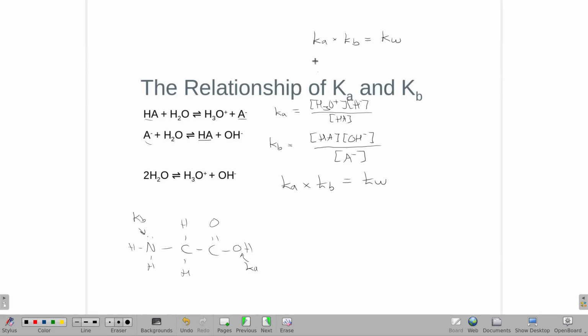So up here where Ka times Kb equals Kw, it really is talking about if the location where the H comes off and goes back on is the exact same location. On our more complex molecules, we have a place where the H can come off, and we can have a place where the H gets added to it, and they're not the same location. All right, you don't need to worry about that in this class. If I give you an equation and I say I want you to give me the Kb from a Ka, you are going to use this equation.